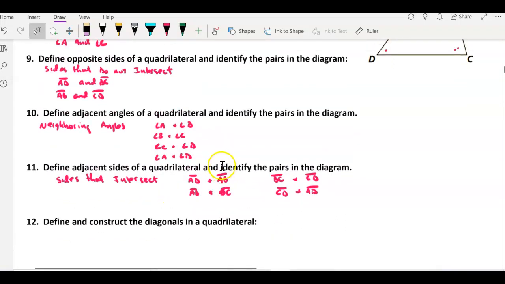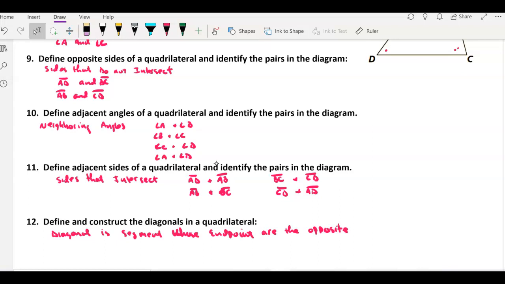All right. And if we had to define and construct diagonals, to define it, a diagonal is a segment whose endpoints are opposite vertices in a quadrilateral.